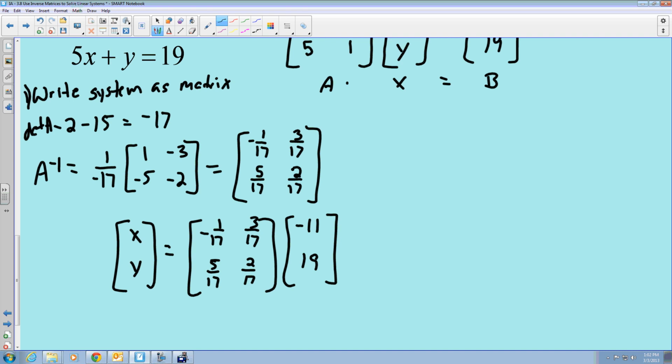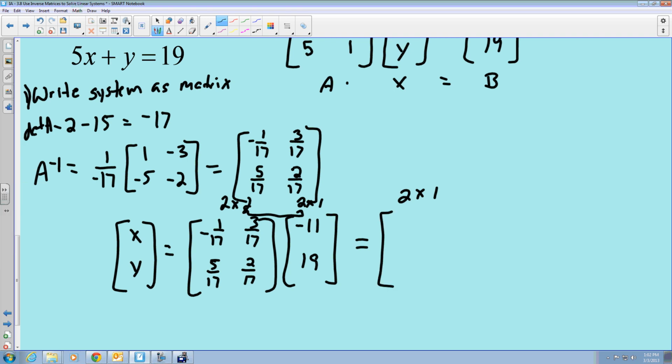So I'm going to find the products of these. I know that this is a 2 by 2 matrix and this is a 2 by 1 matrix. The inner dimensions are the same, and that means this matrix here is going to be a 2 by 1. Let me erase that. 2 by 1. Sorry about that.